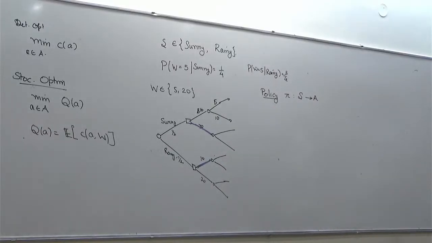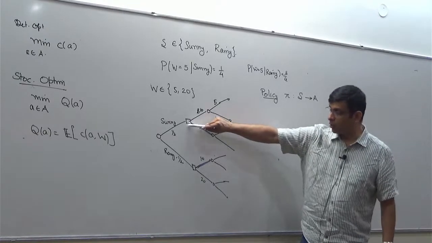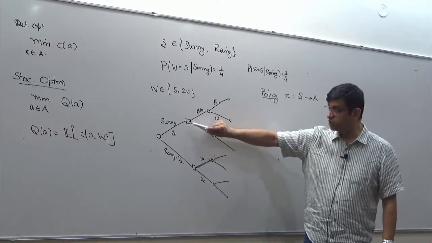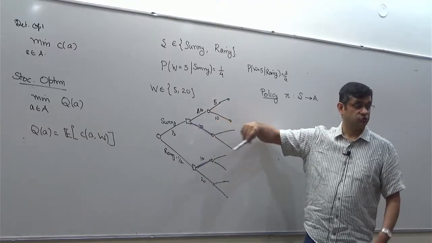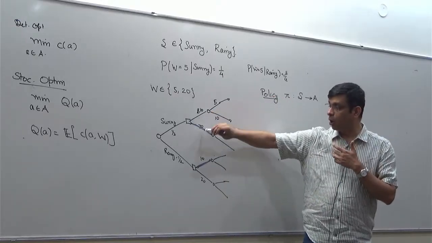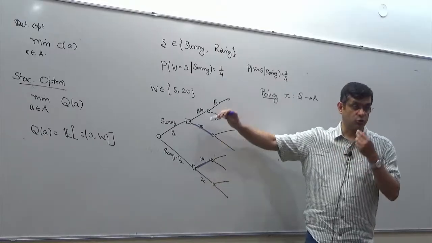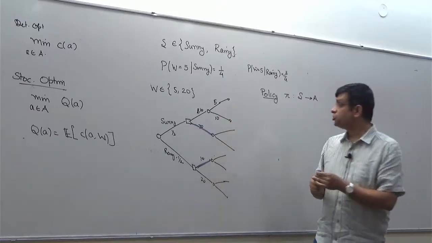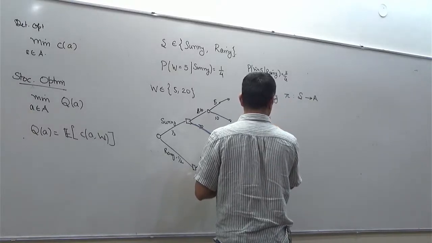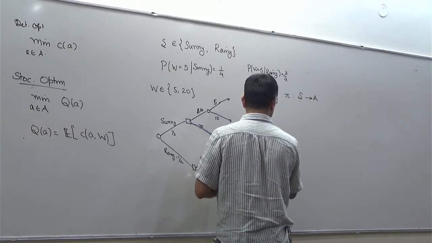Okay? If I take the view of a policy, conceptually the problem is the same as before. Now I have two decision nodes. Each decision node has two outcomes. So there are going to be 4 policies. Either I choose low or high here, low or high here. So 2 cross 2, 4 options. So I can enumerate all 4 policies, pi 1, pi 2, pi 3, pi 4.